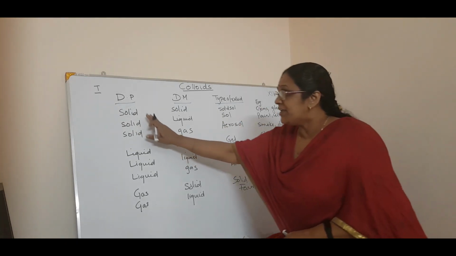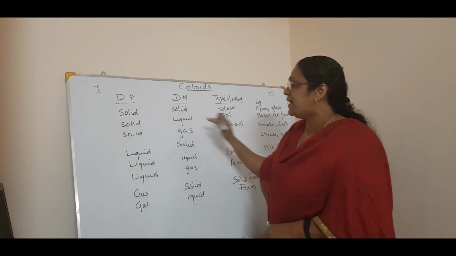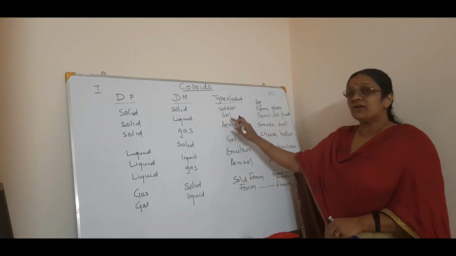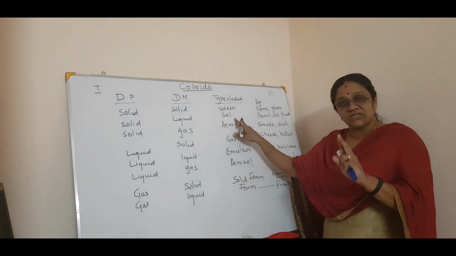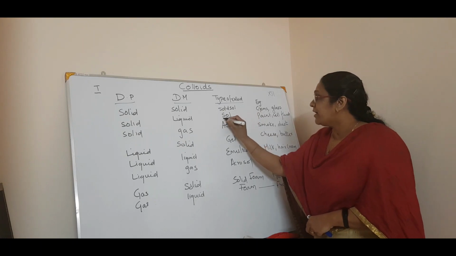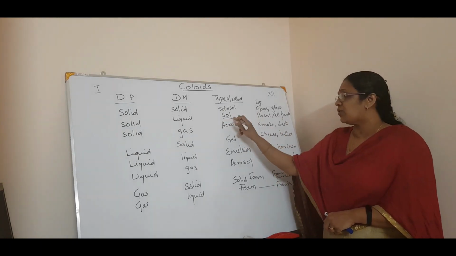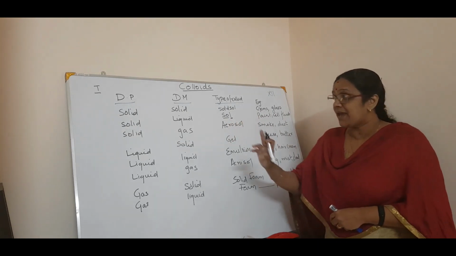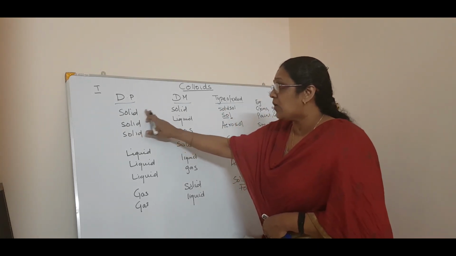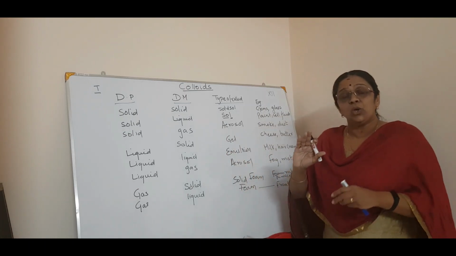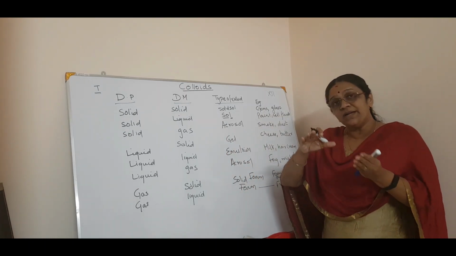Okay. Now if the dispersed phase is solid and dispersion medium is liquid, then you can call it simply sol. If you want a mnemonic, S is solid and L is liquid, so sol, solid in liquid. If the dispersed phase is solid and the dispersion medium is liquid, you will say the colloid is solid in liquid.